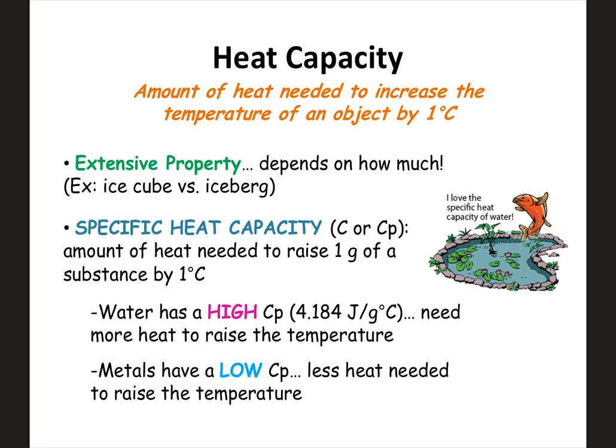So if you had a string of 100-degree days and you go out to your pool, it's probably not going to be 100 degrees because it takes a lot of energy to bring the temperature up. And that's why ocean life typically loves that, because you get a hot day and the water doesn't automatically go up to a super hot temperature. It takes a lot of energy to bring the temperature of the water up because the water has a high specific heat.